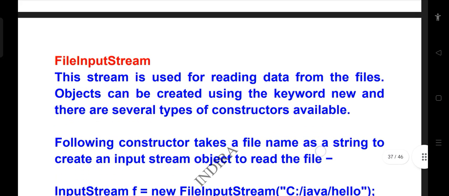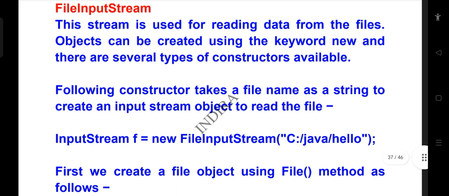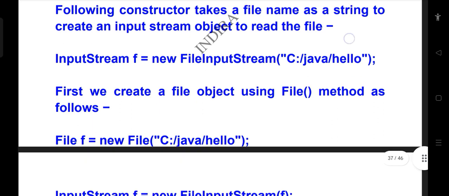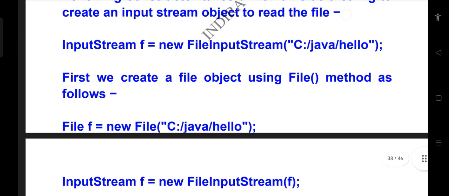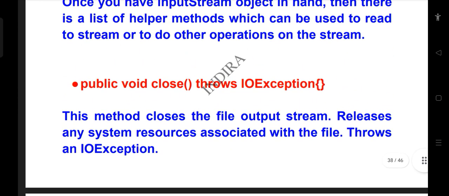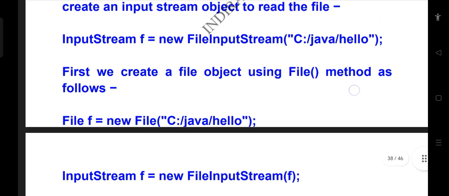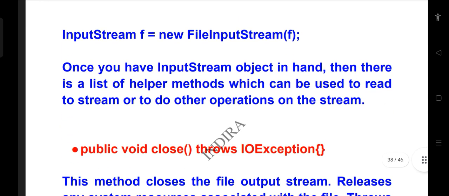Next one is file input stream. File input stream is another type of stream used for reading data from files. So to read data from files, file input stream is used. These are the syntax of file input stream, and it has some operations.